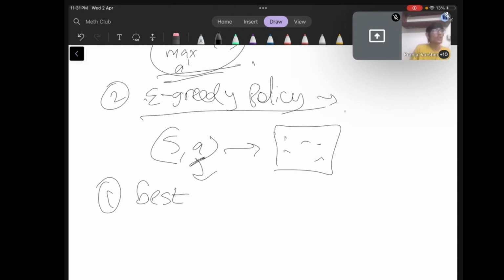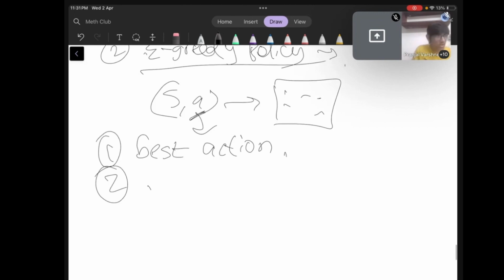You do not go by random initialization, but you go by your previous runs' best action for that state, and then you keep inputting that to your neural network to get a better Q of s comma a for that state and action. So either you always go for the best action. That is one way.